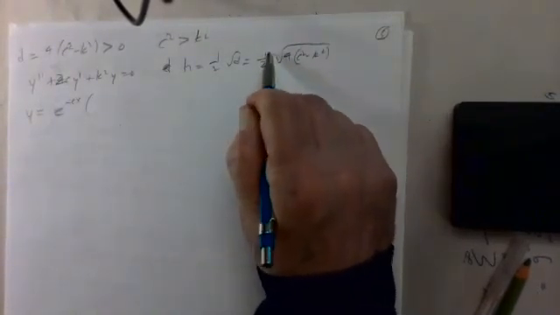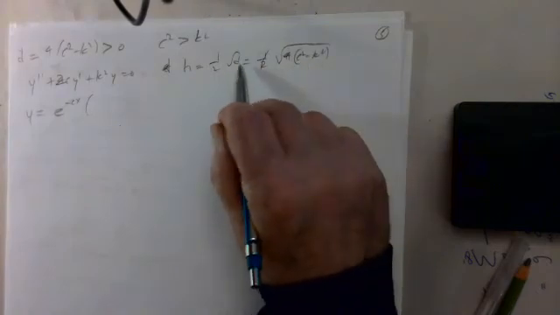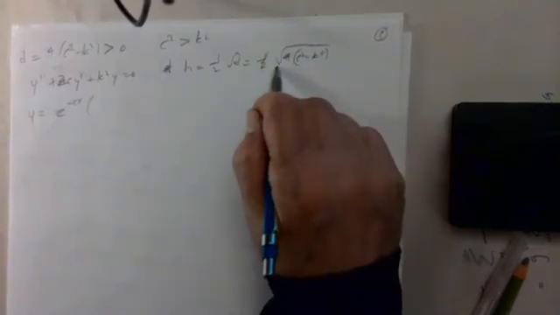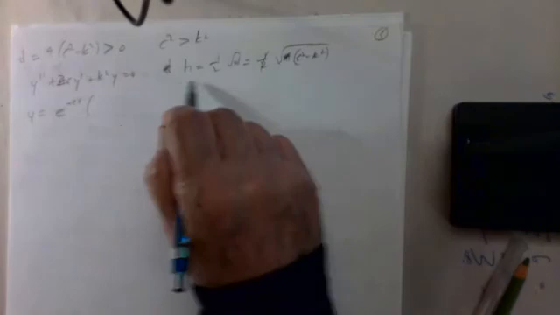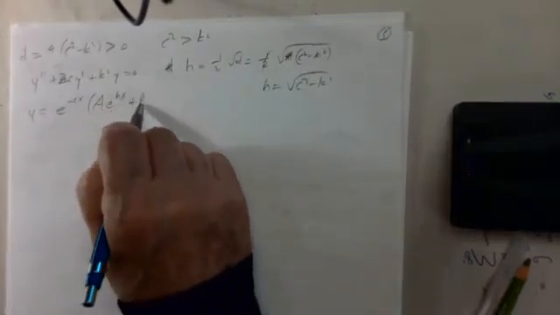Take the 4 out, you get 2, which cancels that. So h is equal to the square root of c squared minus k squared. And you get a constant a e to the hx plus b e to the minus hx.